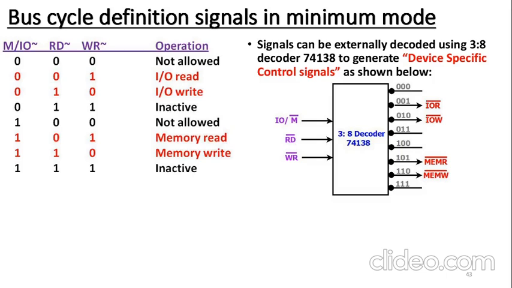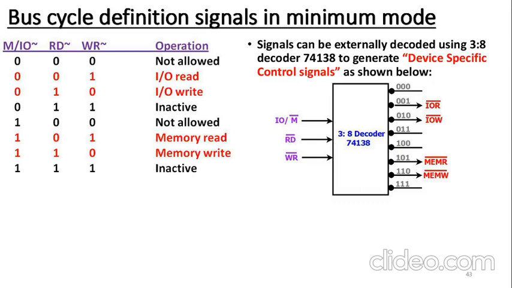It is a device specific control signal for reading the data from IO device. Next is 010 entry from the table. It defines IO write operation. So 010, that is the third output line of that 3 to 8 decoder, that defines IOW bar, IO write bar control signal, which is a device specific control signal.